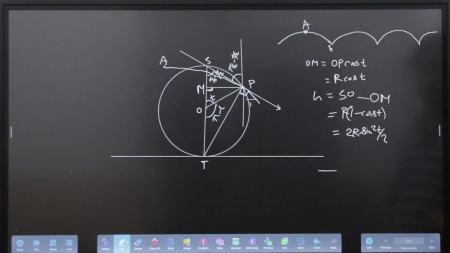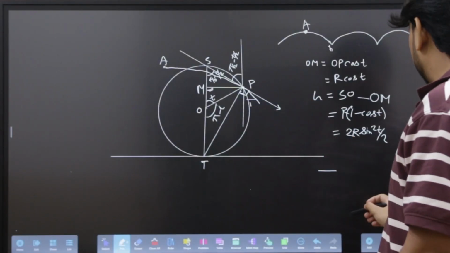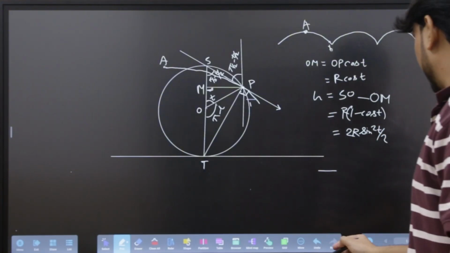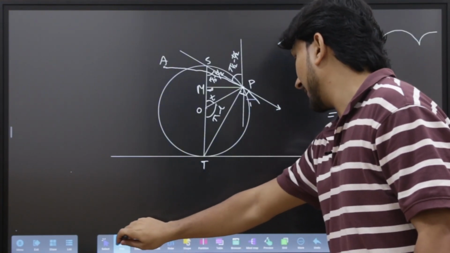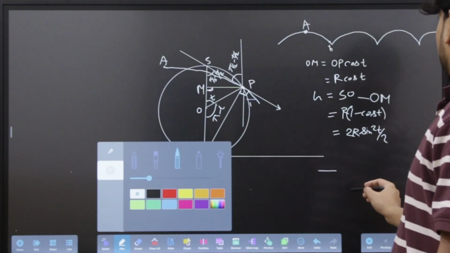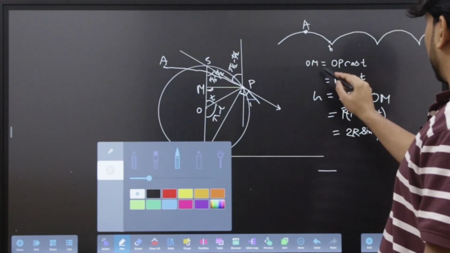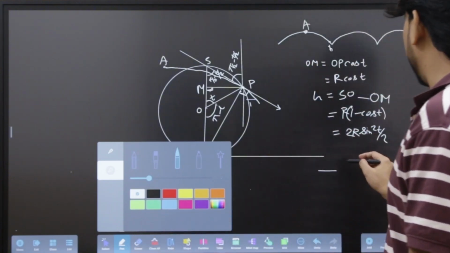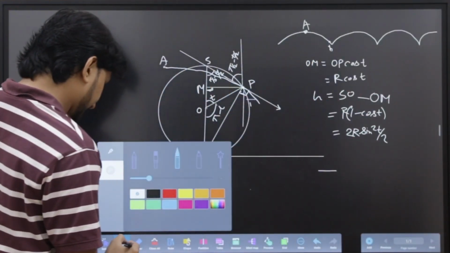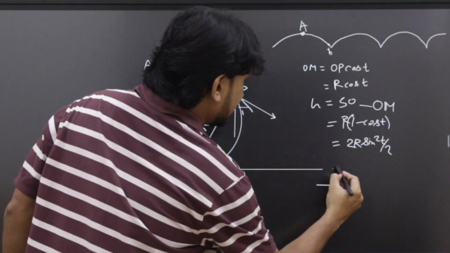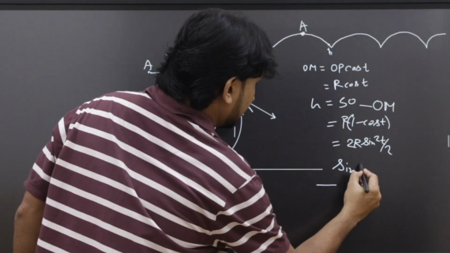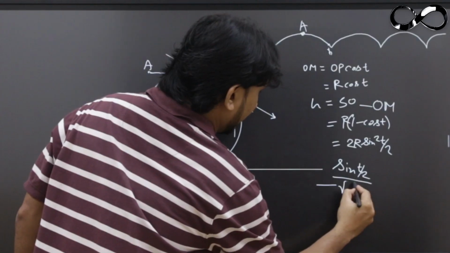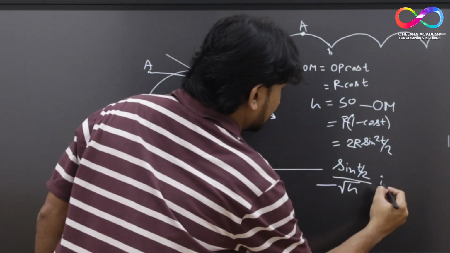Now what is left to do? Note that sine square T by 2, from the value of h we had derived before, we already have that sine T by 2 by root h is constant.